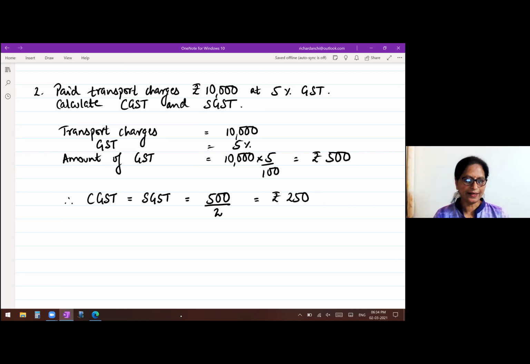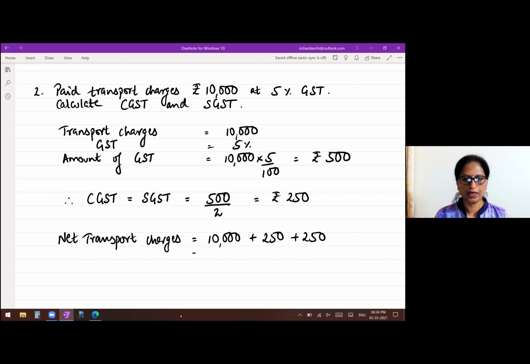So you can write net transport charges equal to 10,000 plus 250 plus 250. Only because they have asked the breakup. So that you have to show CGST, SGST. So it is 10,500.